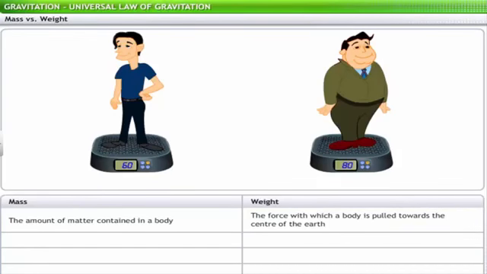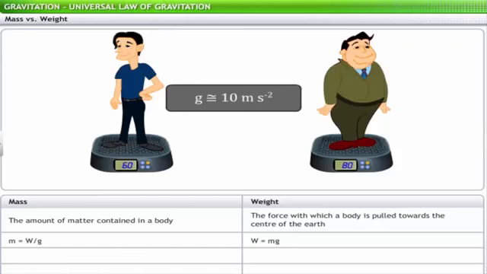Thus, weight is the product of mass and acceleration due to gravity, that is, W = mg. The value of g is approximately 10 meters per second square. Thus, if your bathroom scales show a reading of 60, your weight is 60 multiplied by 10, that is 600 Newton.